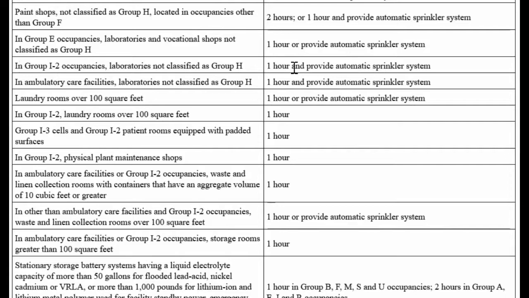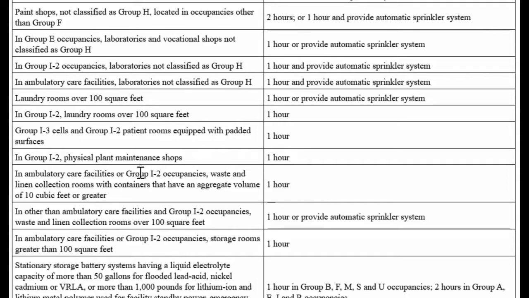This would be a 45-minute rated door if we look up in table 716 in chapter 7 of the IBC. For I2 laundry rooms over 100 square feet, 1 hour fire resistance rated walls with 45-minute rated doors. If you have an I2 patient room equipped with padded surfaces, 1 hour wall, 45-minute rated door.